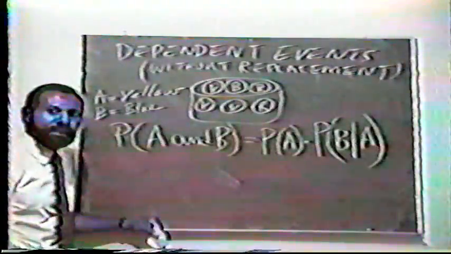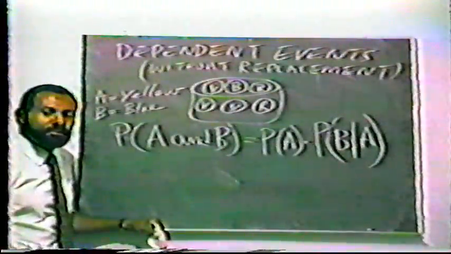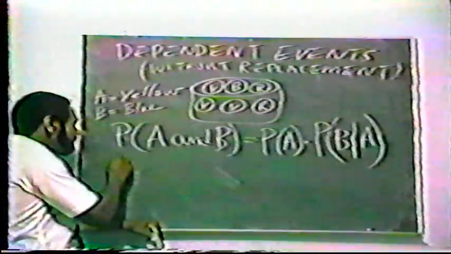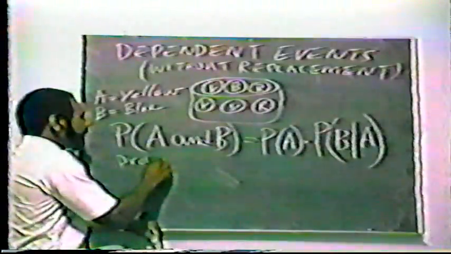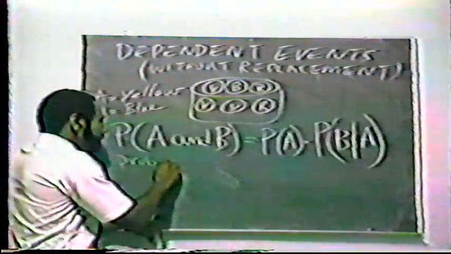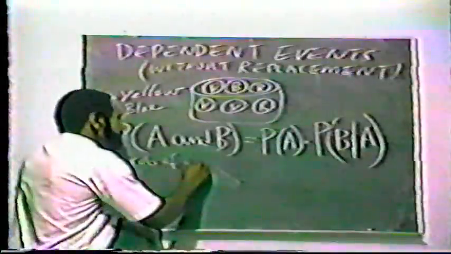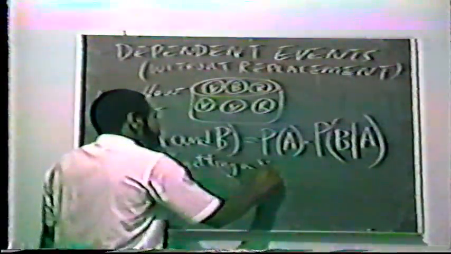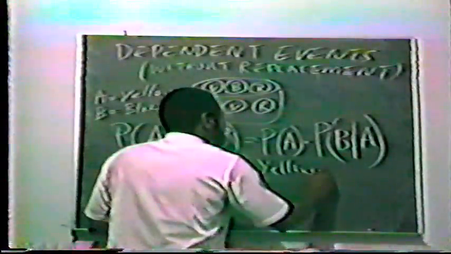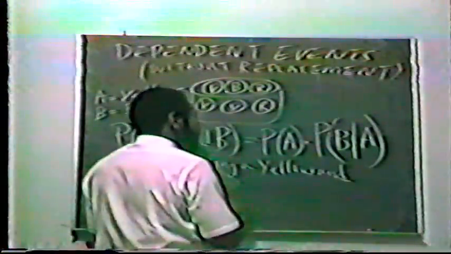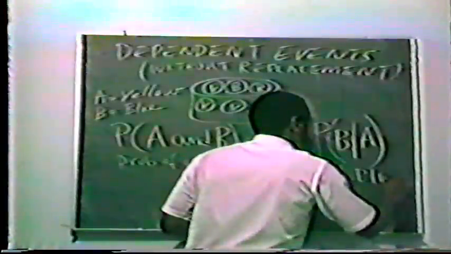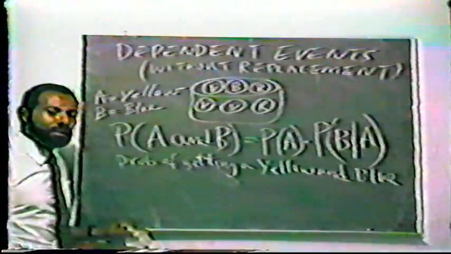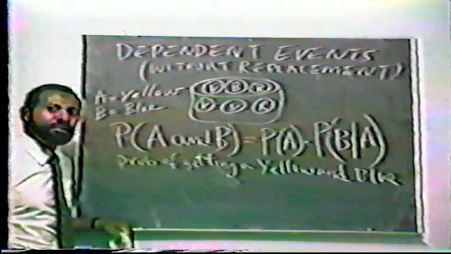So here, we're looking for the probability of getting A, the probability of getting a yellow ball and a blue ball. That's the probability that we're looking for.